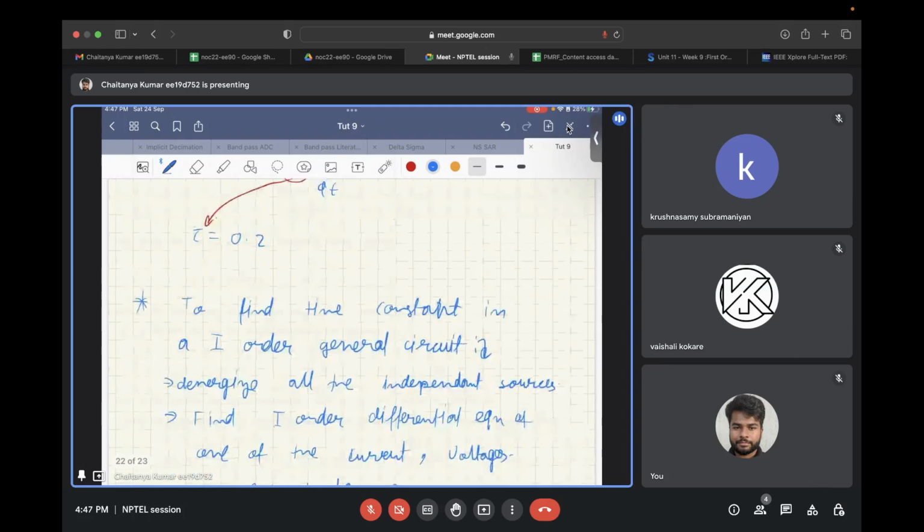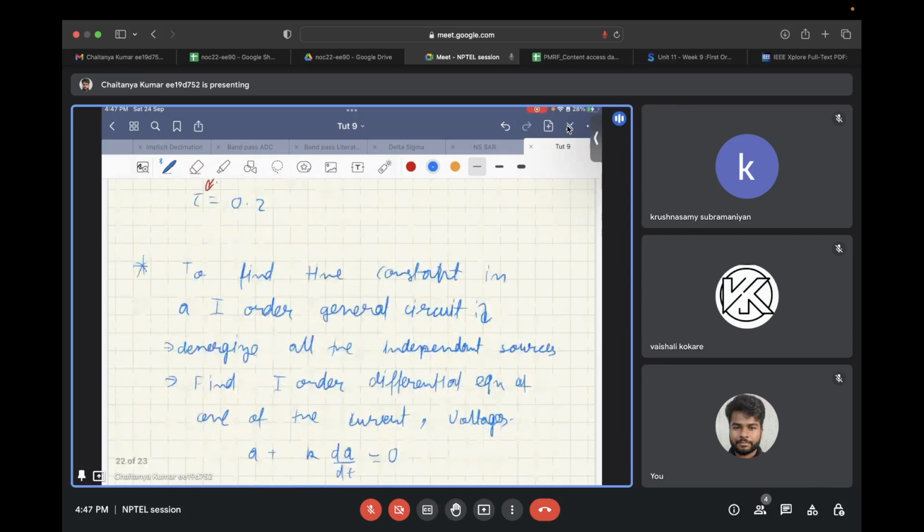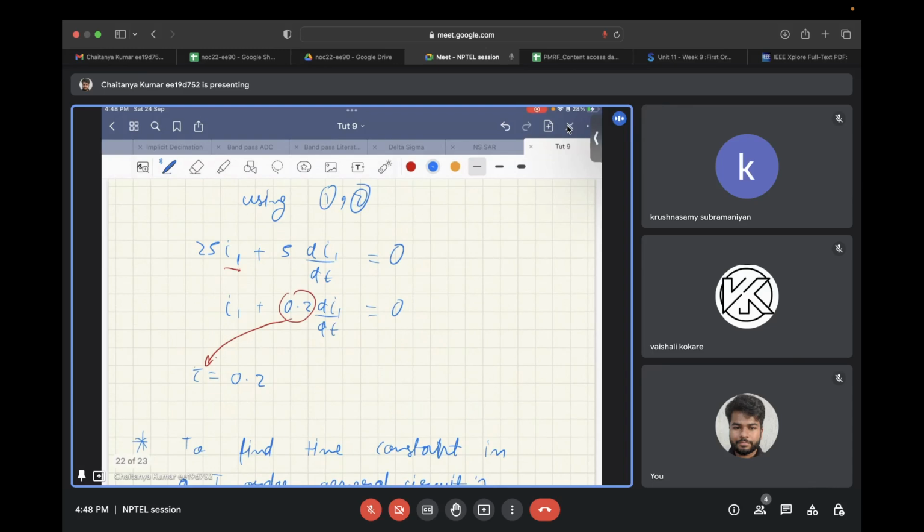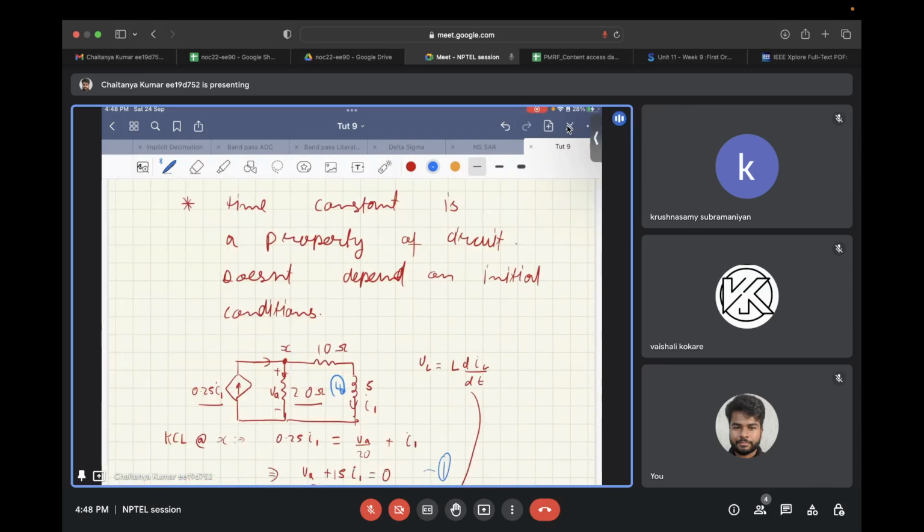Those are part of the circuit, and after that, in whatever circuit you get, find the first order differential equation of one of the currents or voltages, whichever you find convenient. Here I found the first order differential equation for current I1. You could have done that for, let's say, the voltage VA, and you would have ended up with the same form of differential equation.